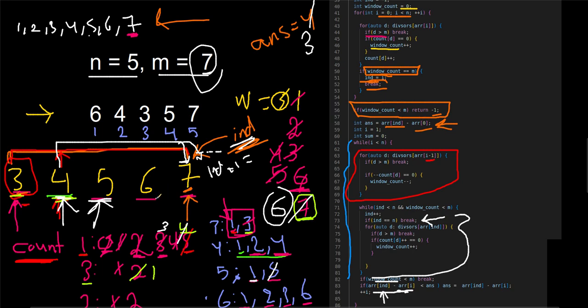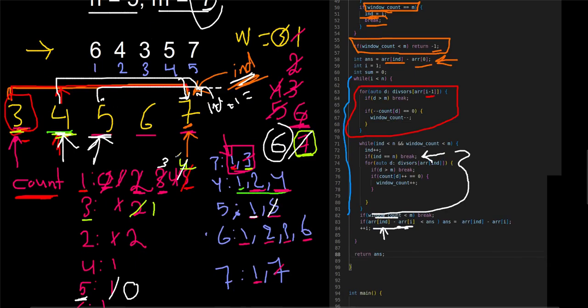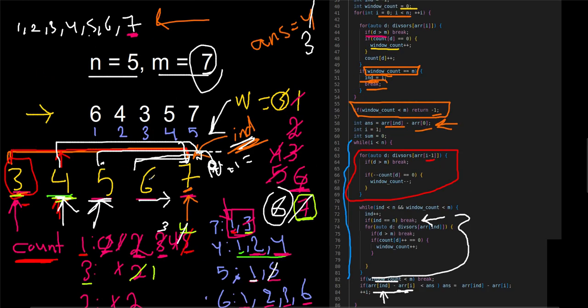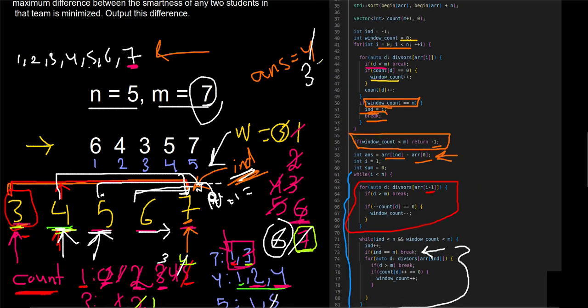So for 5, we could not find a window that covers all the topics, and so no need to continue, because we reached the end of the array, and moving in this direction will only decrease the window count, and that means that this will be our final answer.